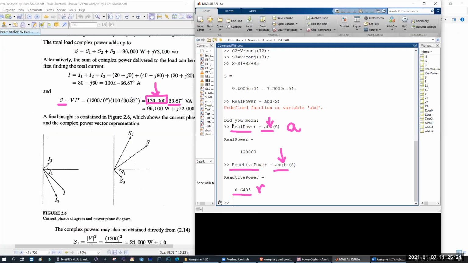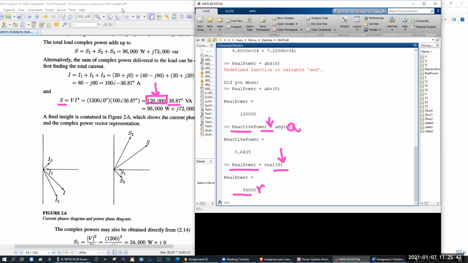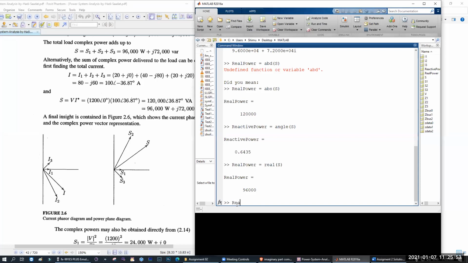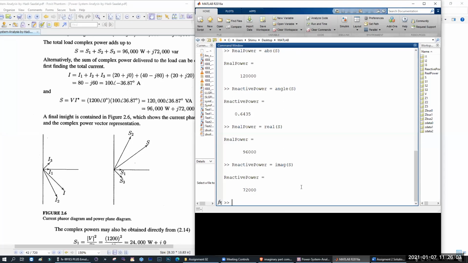So your real power is not absolute. Real power will be real of S, which is 9600. What is your reactive power? It will be imag of S, 7200, right?